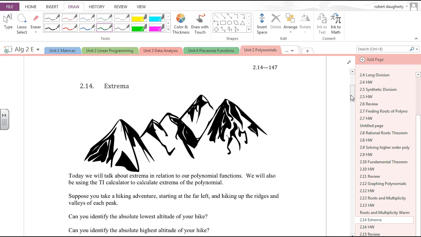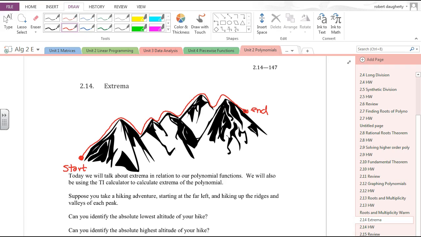So you went for a hike, okay? You start right here, and let's just say that you end right here. Don't ask me why you didn't make it down the mountain, but let's just do this. Now, can you look at this and say there is a spot on that hike that I was higher than any other spot on my hike?